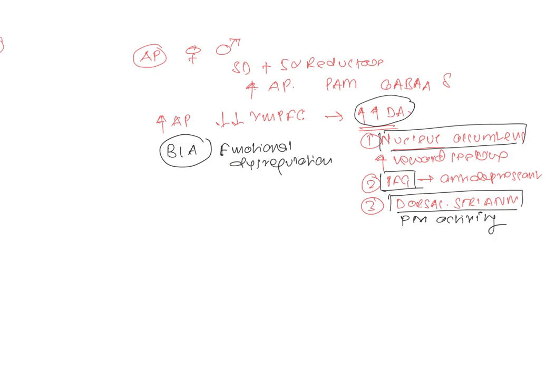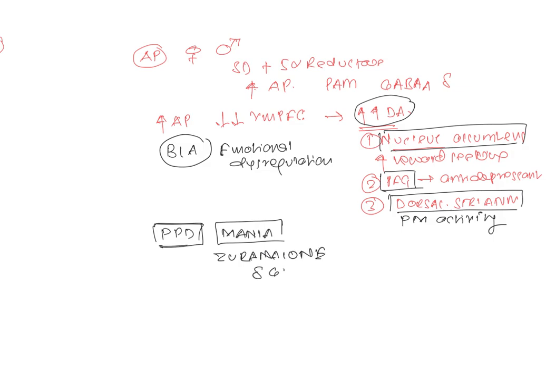And we all know that the postpartum period increases the risk of precipitation of mania in patients who have a predisposition for bipolar disorder, all right? And one of the medications that we commonly use in postpartum depression is zuranolone, which is a positive allosteric modulator of the delta subunit of GABA A receptor at the extrasynaptic site.